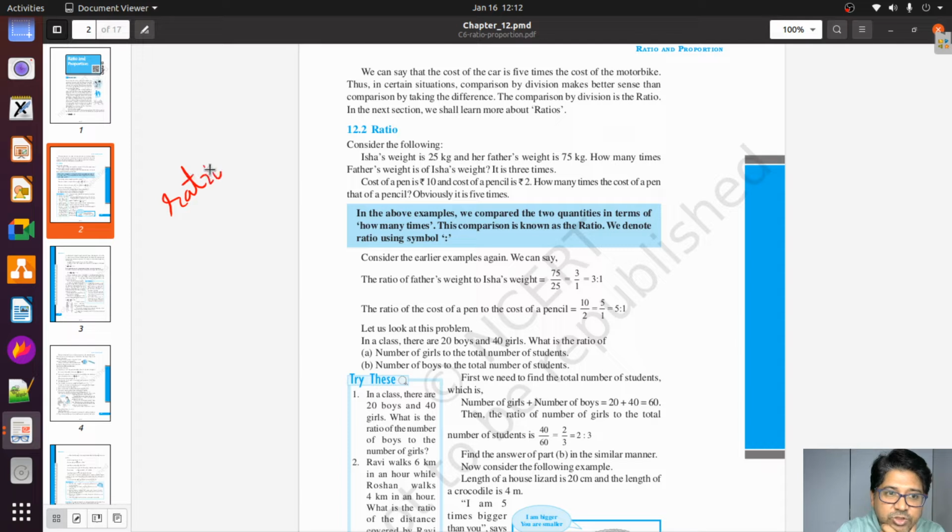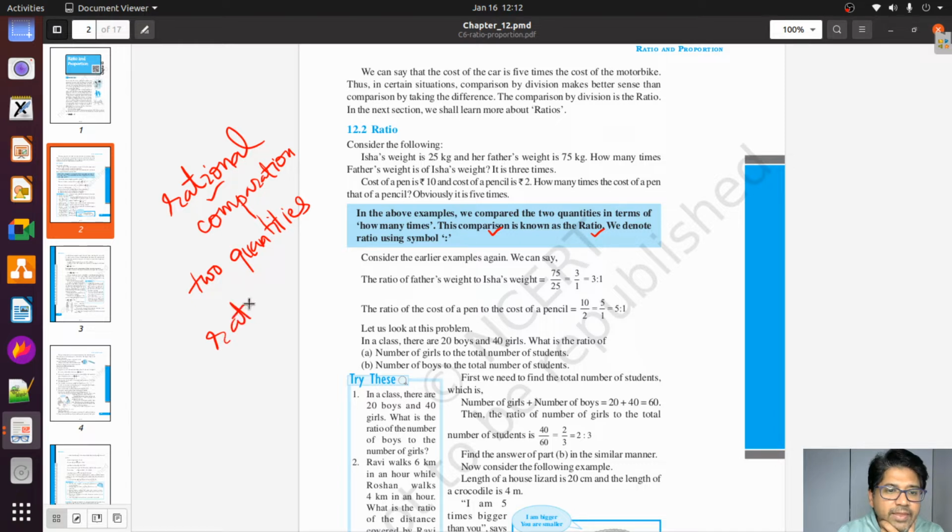Ratio is a rational comparison. The rational comparison of two quantities is called ratio. What do you mean by that?